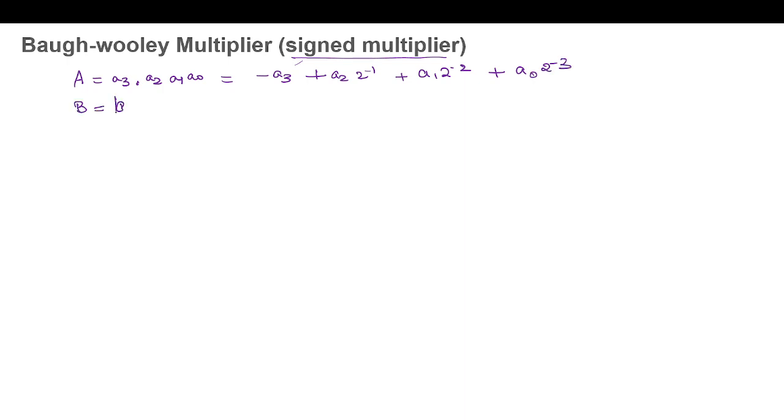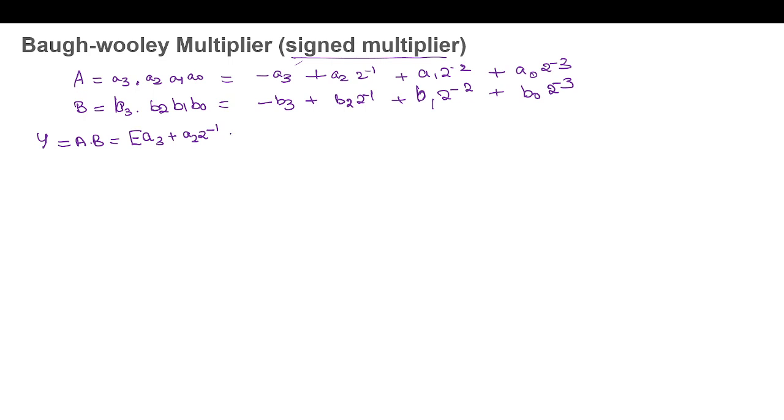Another number is B3, B2, B1, B0, minus B3 plus B2 plus B1 to the power minus 2 plus B0 to the power minus 3. Multiply A and B, equal to Y equal to minus A3 plus A2, A1, A0.